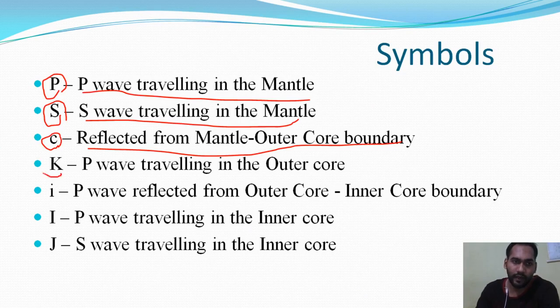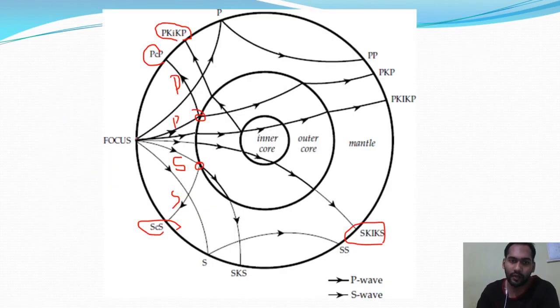Then K, capital K. What is capital K? That is a P wave traveling in the outer core. When a P wave travels in the outer core, that will be named as K. You can see this is PKP. That means a P wave traveling in the mantle, then K, a P wave traveling in the outer core, then again going out to the mantle as a P wave.